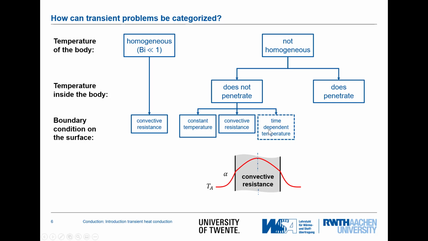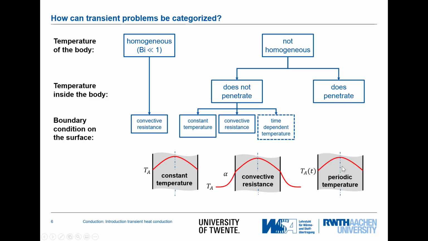There will be a video online, but this video is more to show you how things work and how more complex heat transfer problems can be solved. So we have convective resistance. We can also prescribe, as here in this case, the temperature, or we can have the periodic temperature at the surface. And in the case that the heat has fully penetrated into the body, we will look at a boundary condition with a convective heat transfer resistance.